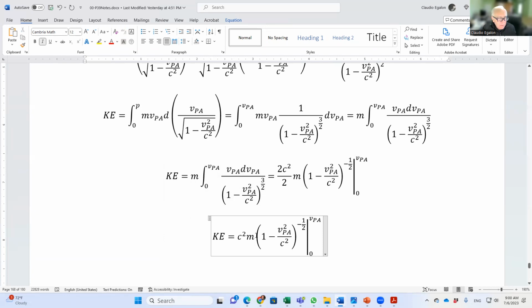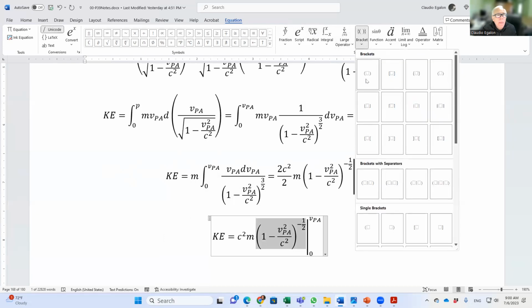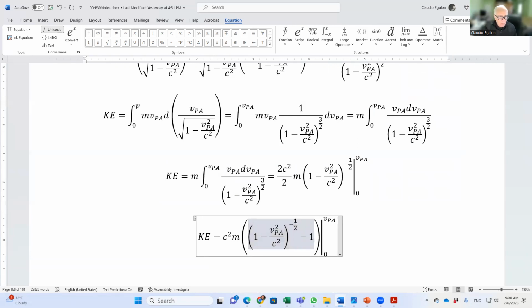Apply the limits. Well, when we apply the limits, this term remains whatever it is, but we have this 1 minus 1, right? That corresponds to VPA equal to 0.